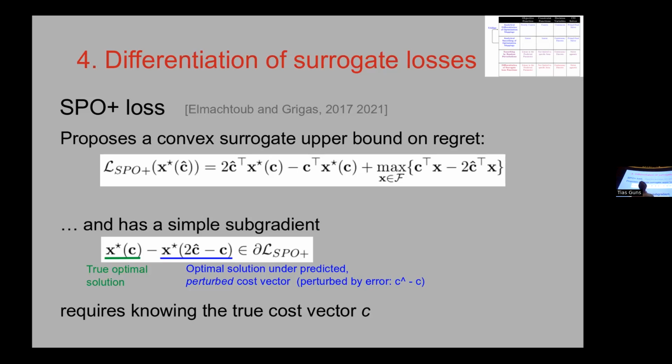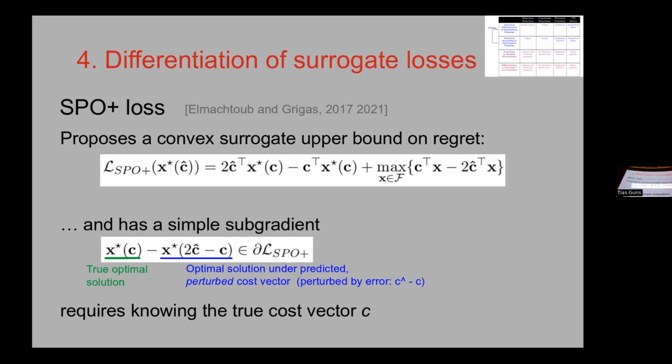So what they do is they have very nice derivations where they show that regret itself is indeed not differentiable, but you can define this convex surrogate, which is an upper bound on regret. Okay, and now this convex surrogate actually has a very nice, very simple subgradient, that you can use in gradient-based learning.